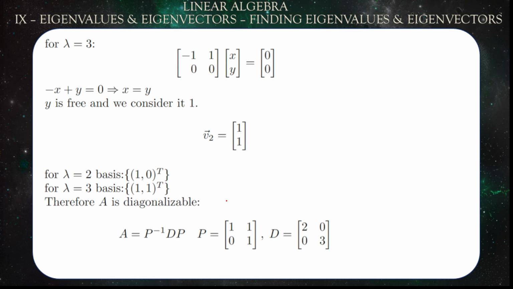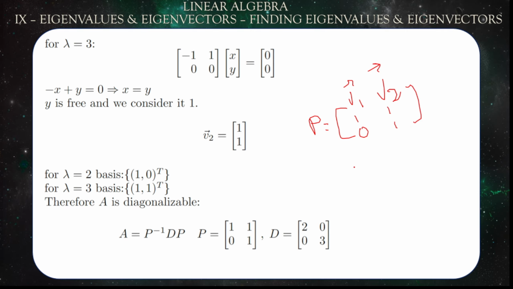Now, A is given by P times D times P inverse. P is actually the set of the two eigenvectors v1 and v2. P is equal to v1 here and v2 here. The first vector is 1, 0. The second eigenvector is 1, 1.